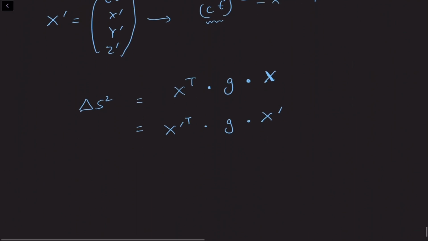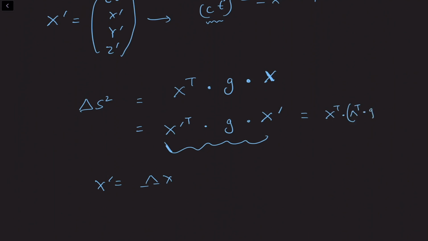These two are obviously equal because if x prime and x are related by a Lorentz transformation, that means x prime is equal to lambda x. Therefore this quantity is x transpose dot lambda transpose dot g dot lambda dot x, and by the property of any matrix belonging to the Lorentz group, lambda transpose g lambda is just g, so this is just x transpose dot g dot x.